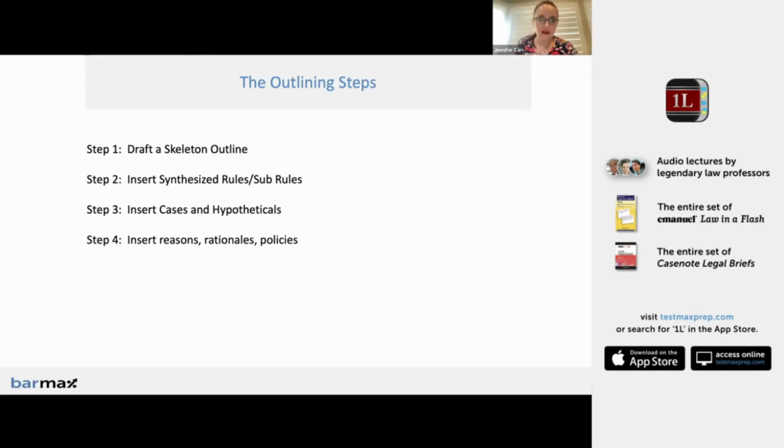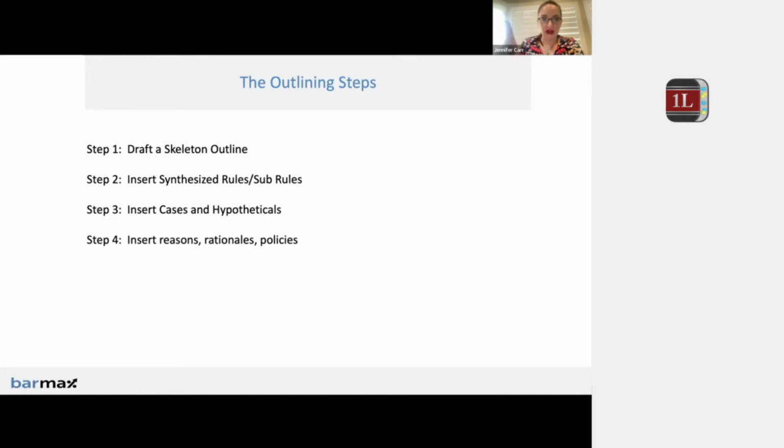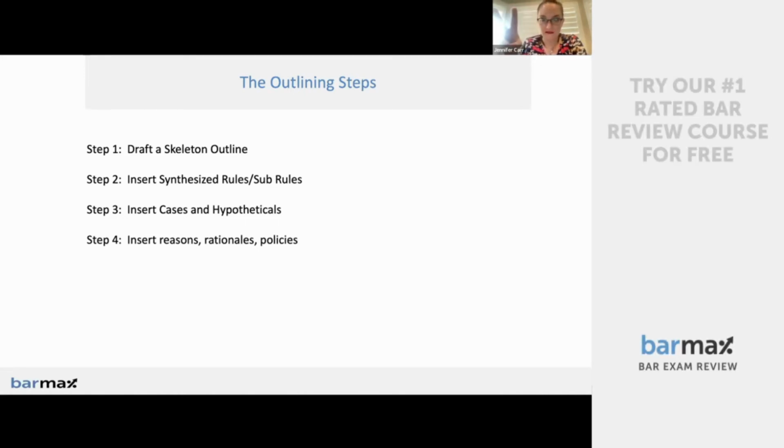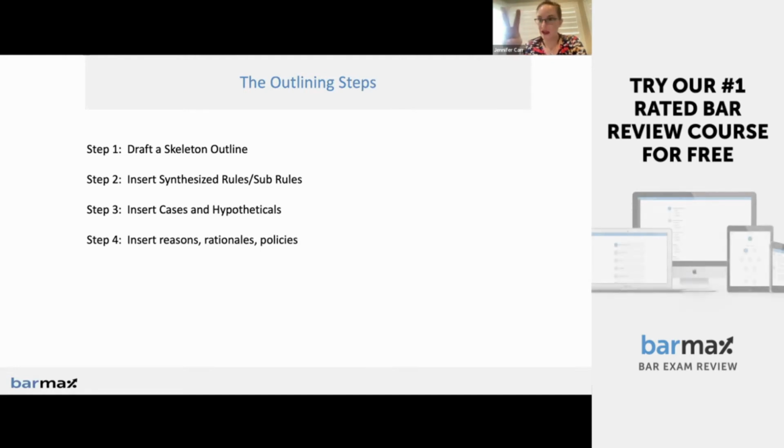What do I do? This is what I want you to remember, okay? You're going to draft your skeleton outline. You're going to insert your synthesized rules and subrules. Then you're going to put in your case facts and your hypotheticals from class. Then you're going to put in any reasoning or rationale or policies, okay? This is the key moments here that I want you to focus on.